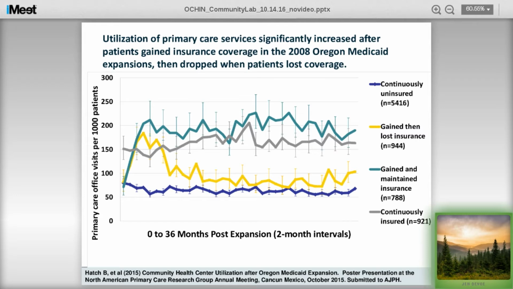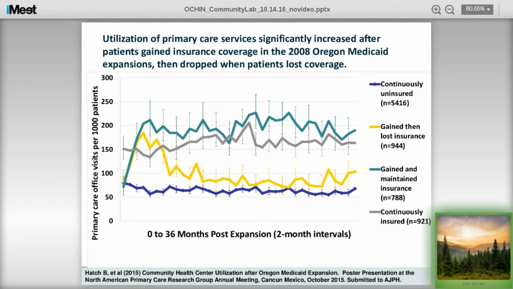And then the group that had the change in coverage represented in the green line and the yellow line, those were the folks who had been previously uninsured, and they had utilization very similar to that continuously uninsured group. When they gained coverage, you can see their primary care utilization increased significantly. What some folks weren't able to do was follow those patients out beyond the 6 months of coverage that they gained to see that actually more than half of them lost coverage, and that group's utilization dropped down.